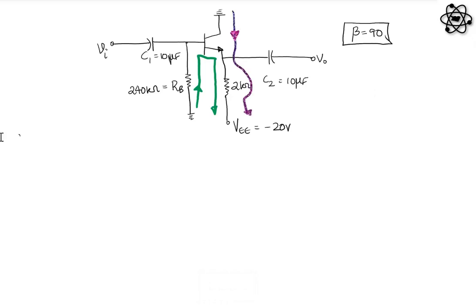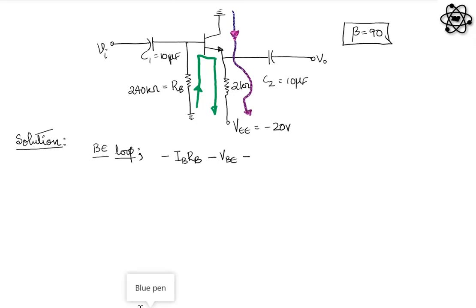I have indicated the direction of the currents for input and the output with green and purple respectively. I will start with the input part, that is the base emitter loop. Applying KVL, I get minus IB RB minus VBE minus IERE plus VEE equal to 0.